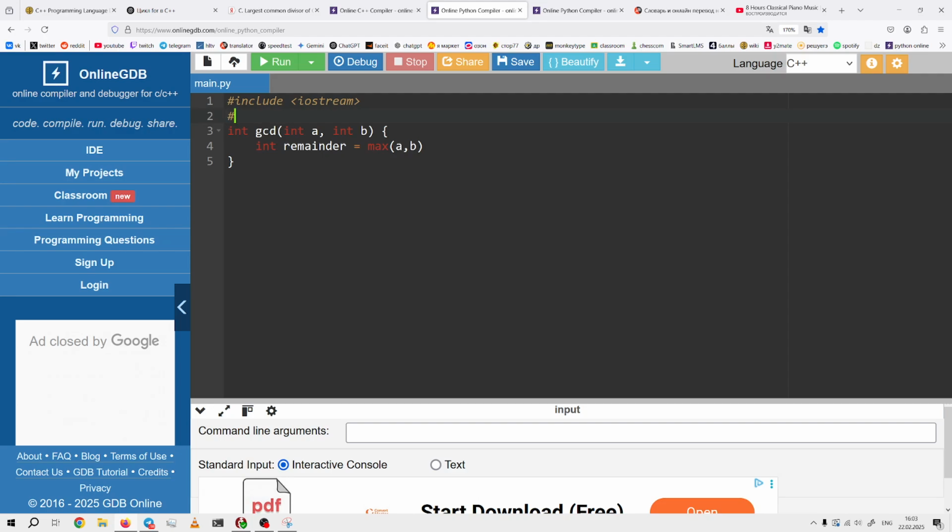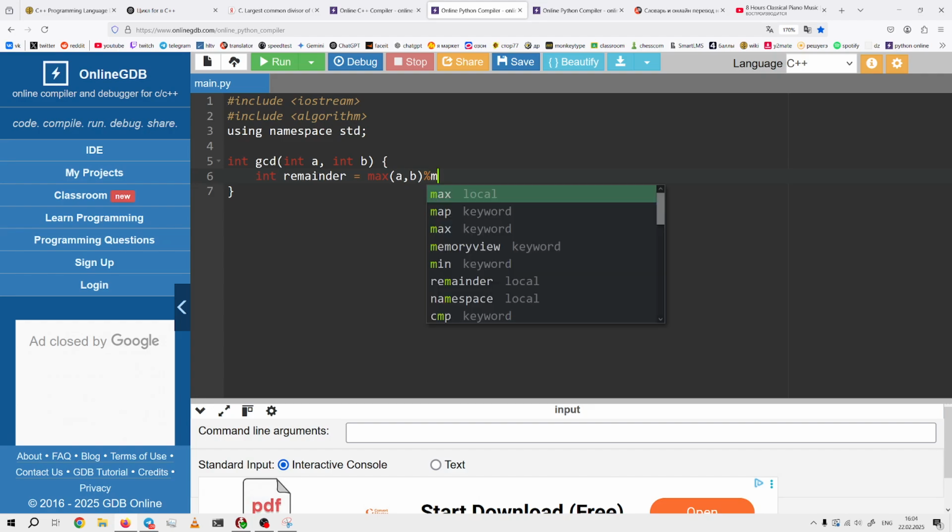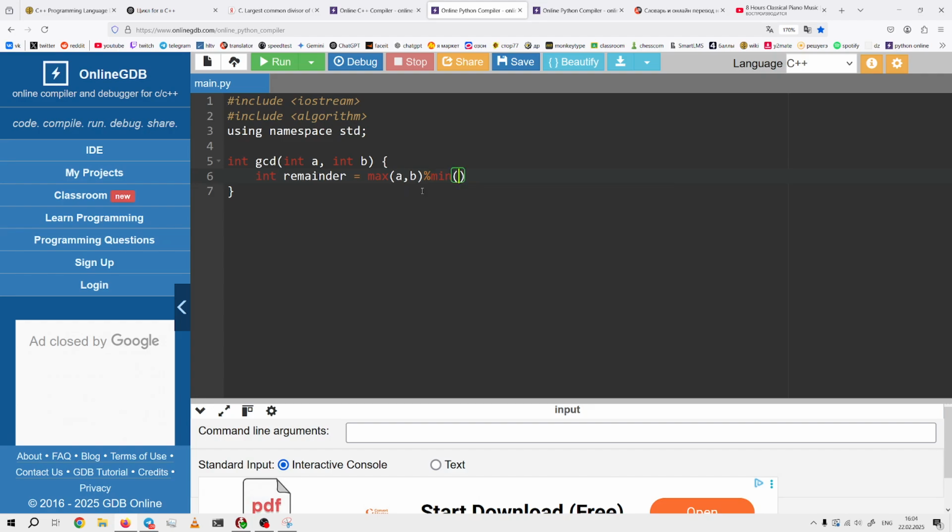Of course, for maximum you need to include algorithm, which has the methods for maximum and minimum, and of course using namespace std. So the remainder is the maximum of two values, with the percent sign, which can give us the remainder. So that's our remainder.